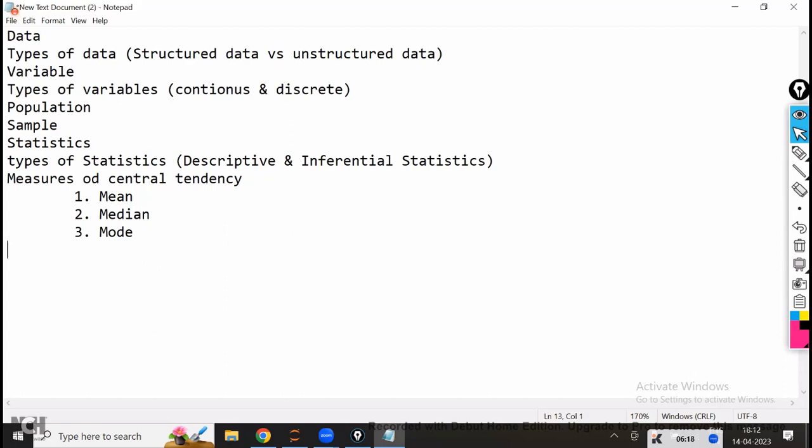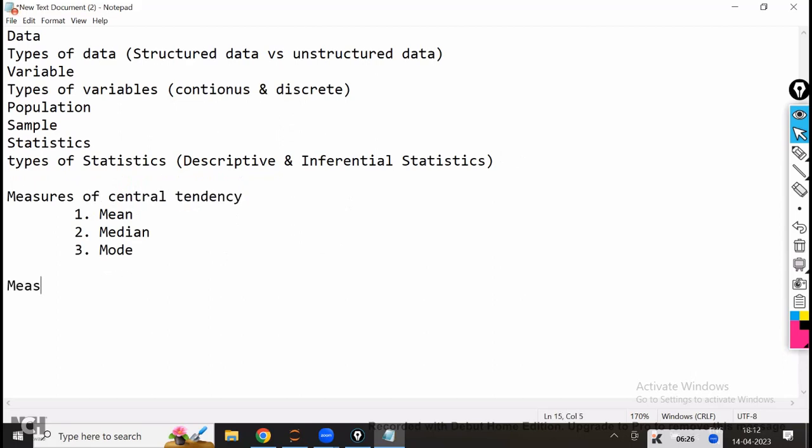After measures of central tendency, we discussed measures of dispersion, also called measures of spread.